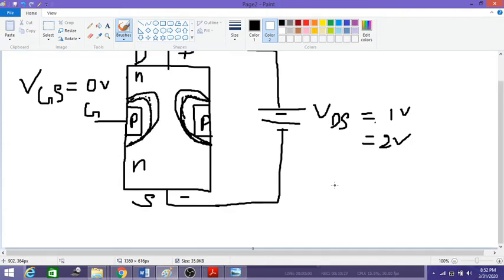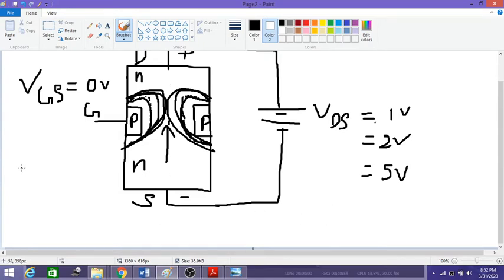As you further increase, at some point, maybe at say 5 volts, the width of the depletion region increases such that both these junctions come in contact close together, and then the flow of current is restricted. It means the current becomes constant. Till such point, the current was gradually increasing.